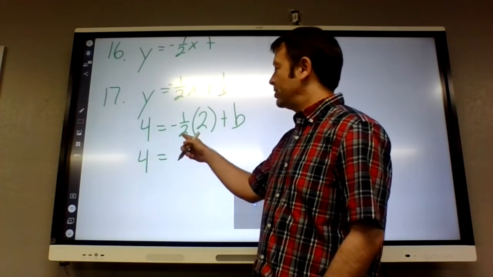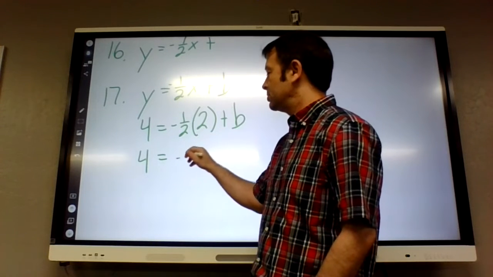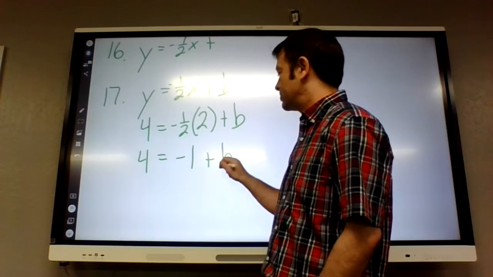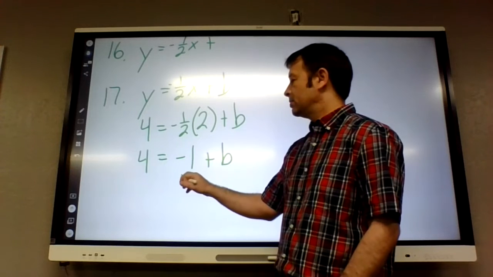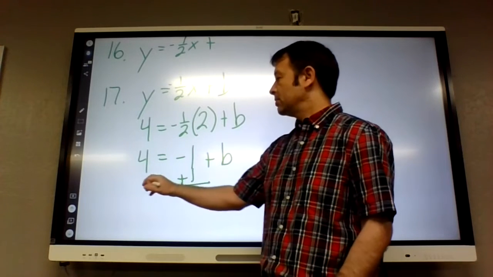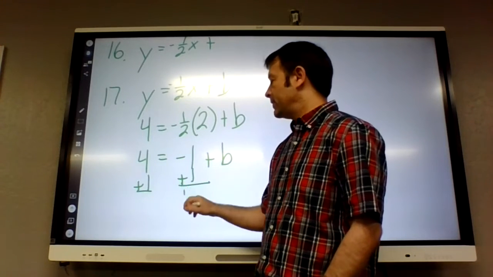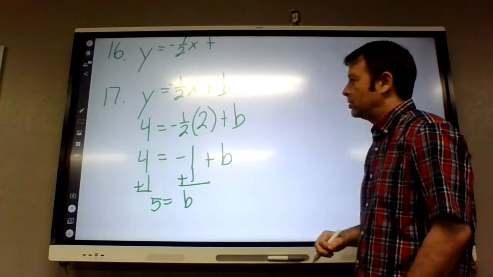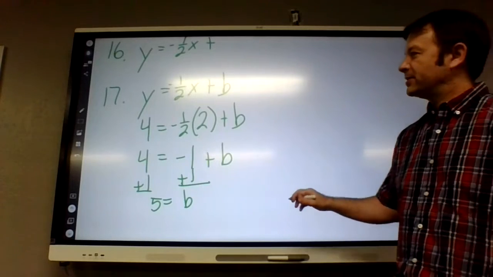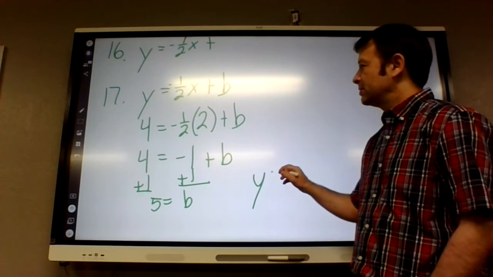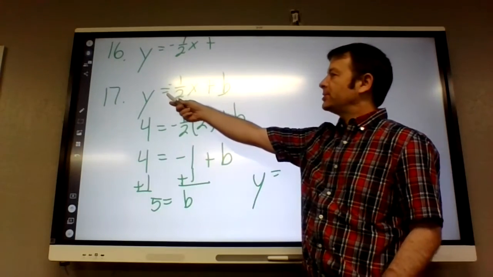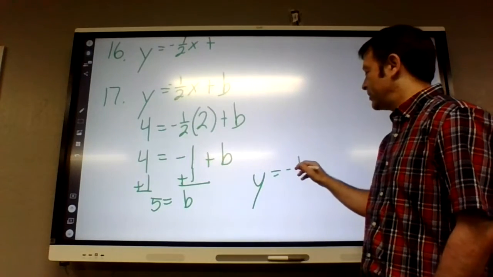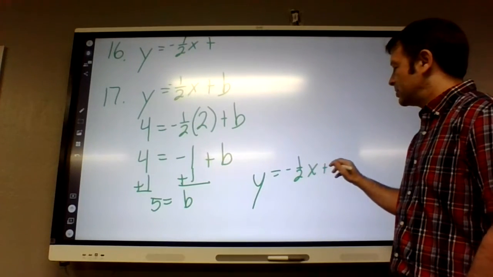What is -1/2 times 2? -1. How do I solve that for b? Plus 1. So the b value is 5. Put it back in the equation. y is equal to -1/2 x plus 5.